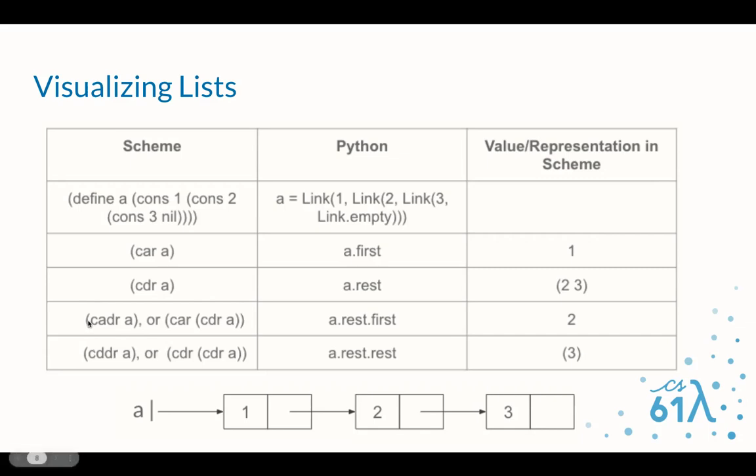You have to be a little bit careful with this, because if you call both of these on the last element of a linked list or a Scheme list, it'll actually error out, because you can't call cdr on a Link.empty and you can't call car on a Link.empty either. And then you also have this diagram as well. Again, very reminiscent of what Python has.